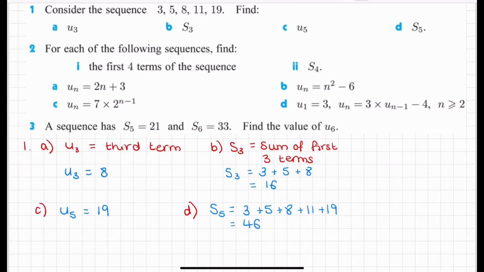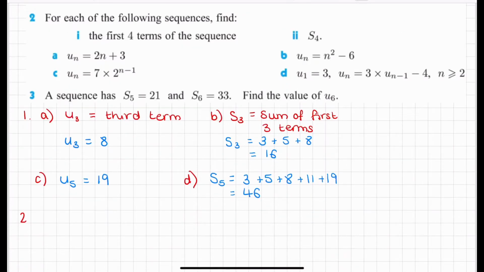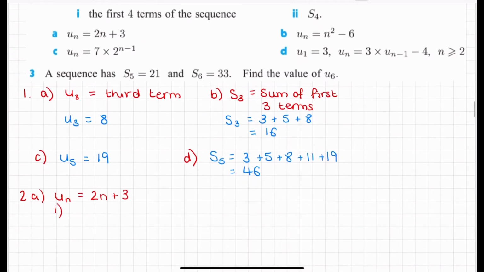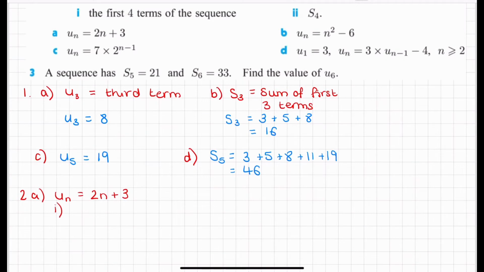I'll just do 2A, and then you can carry on with B, C, D and have a go at question 3. So we've got 2A, and our formula is Un equals 2n plus 3. Part 1, we want to find the first 4 terms of the sequence. So we want to find U1, U2, U3 and U4. So U1 would equal 2 times 1 plus 3, which would be 5.